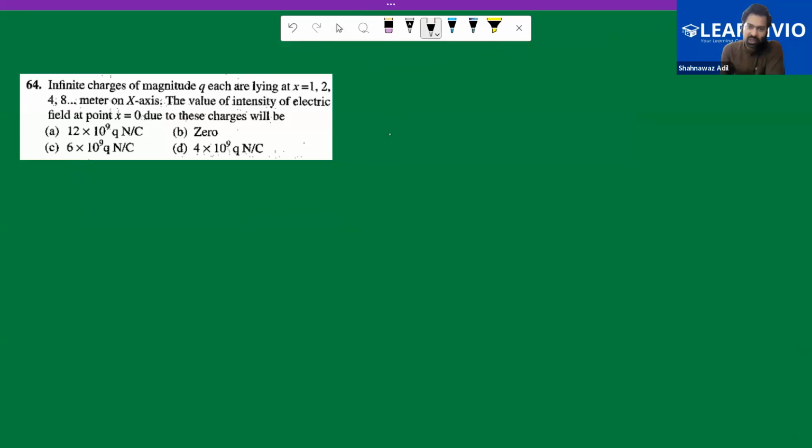So we have this x-axis, and let's say this is the y-axis.